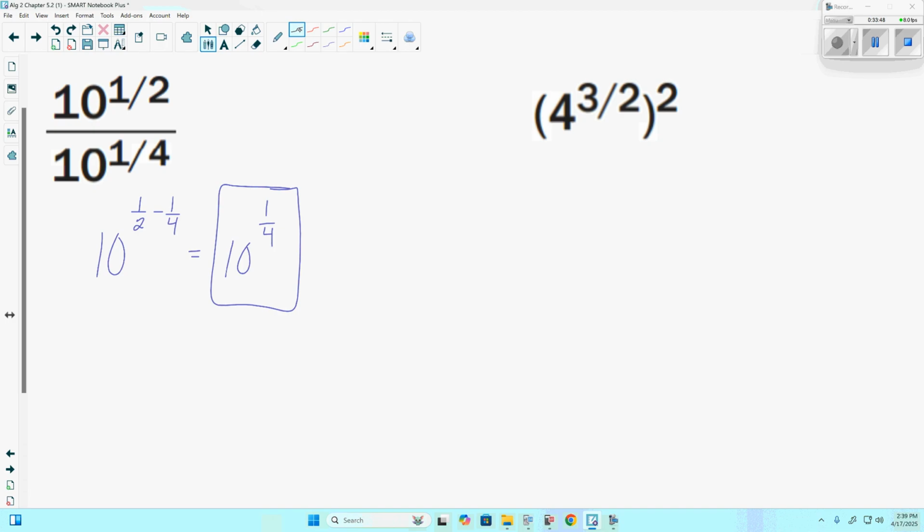4 to the 3/2 squared. Powers of powers do what? Multiply. So we could say this is the same as 4 to the 3/2 times 2. Well, what is 3/2 times 2? And 4 to the 3rd is 64.